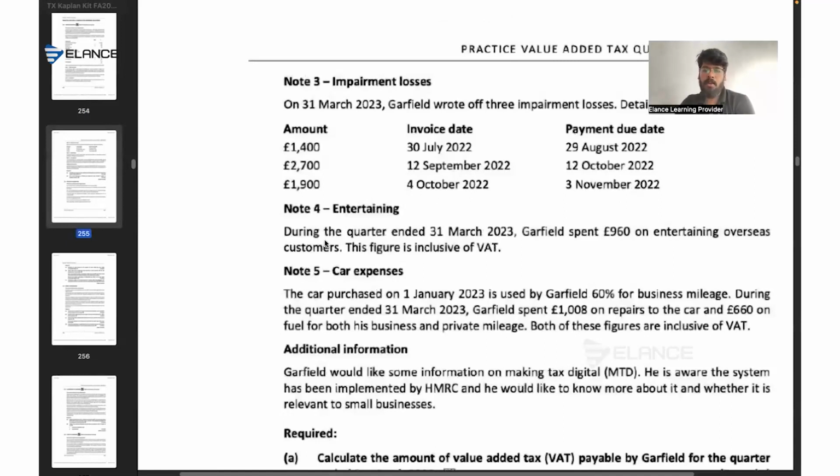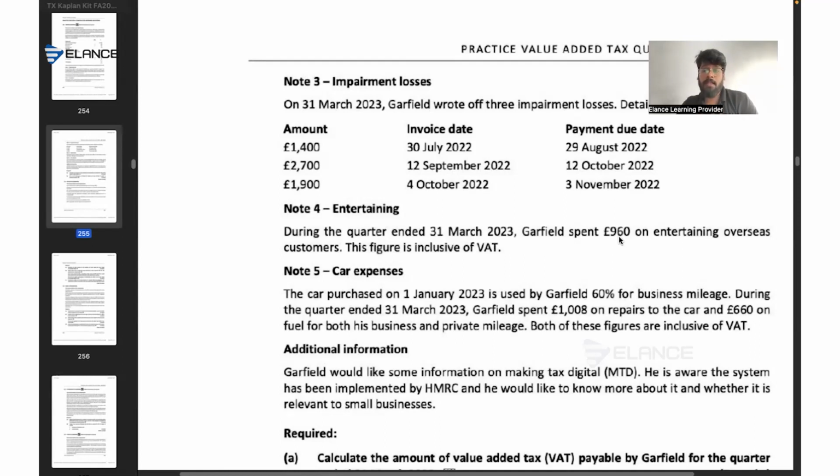Look at the scenario. During the quarter ended 31st March 23, Garfield spent 960 on entertaining overseas customers. This figure is inclusive of VAT. So 960 is the amount he spent entertaining overseas customers, so the input VAT is recoverable.